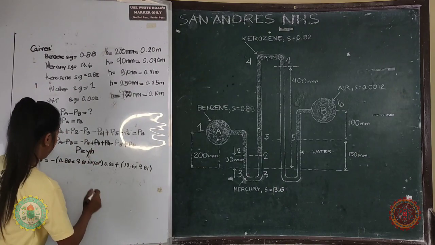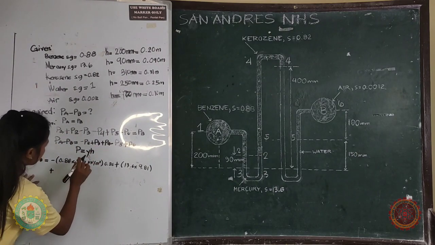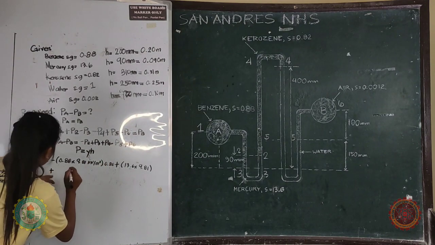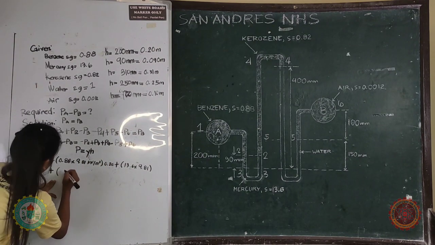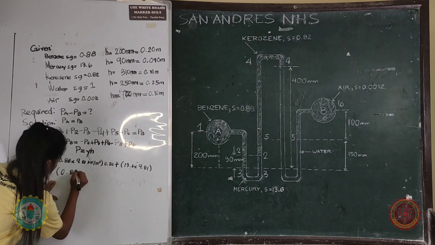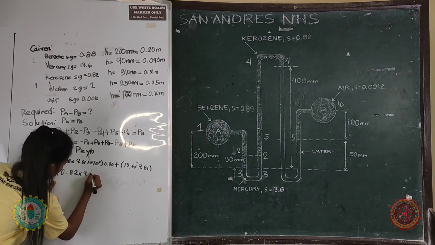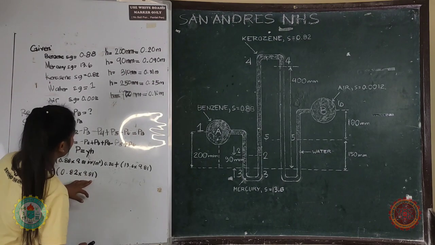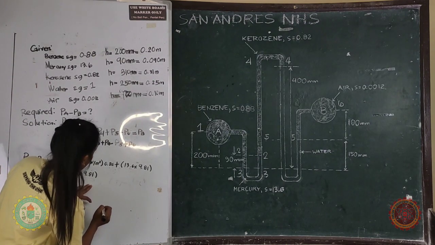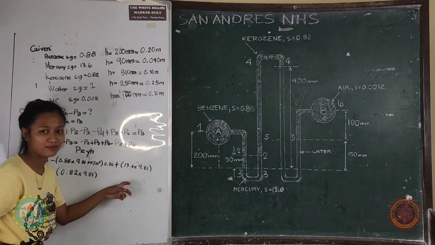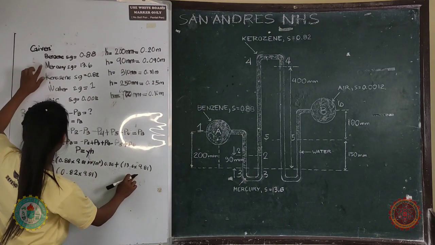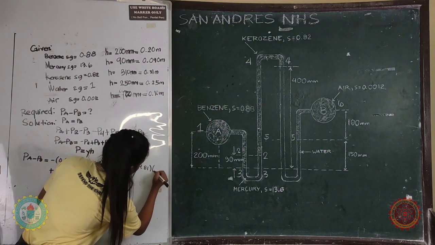Then, plus again, plus P4, which is kerosene. It has a specific gravity of 0.82 times 9.81, times its height. Sorry, we lacked the height here. Here we put the height of mercury, so 0.09.